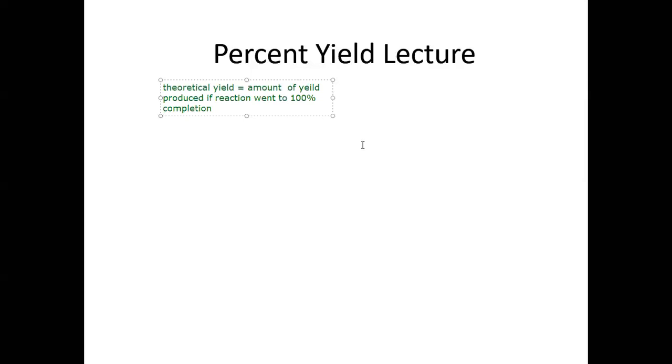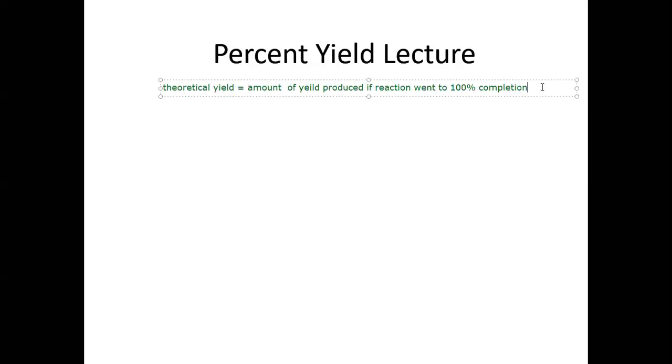So if your reaction went perfectly, this is how much you would get. And then the other one is the actual yield, which is the amount of yield you actually got produced from the experiment.